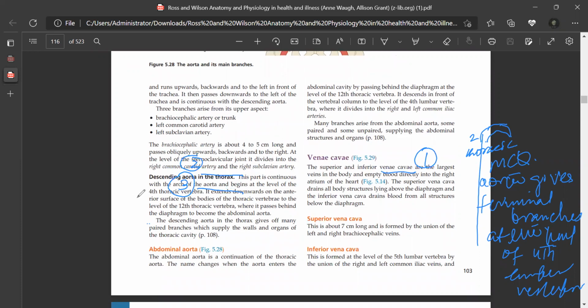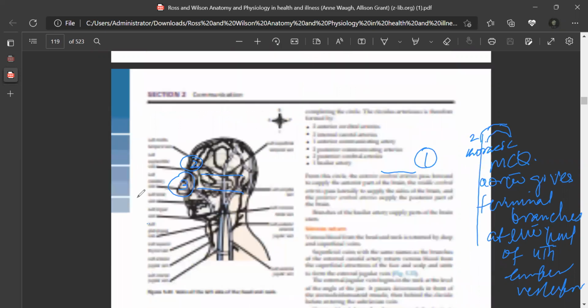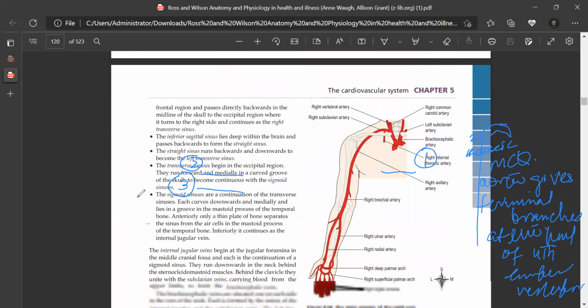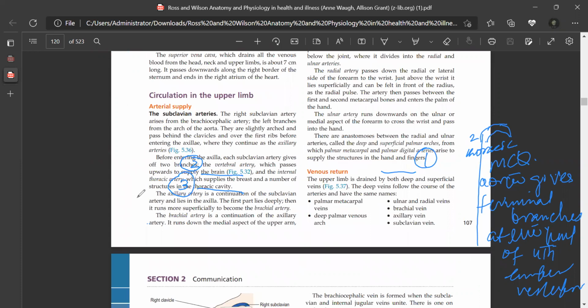This is on page 108, and we can go to this page and revise the branches as well.